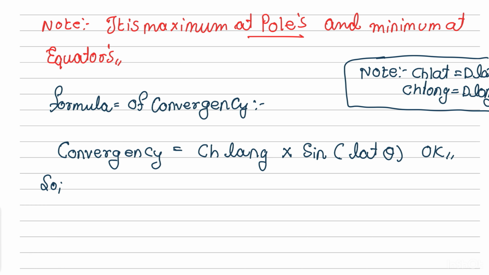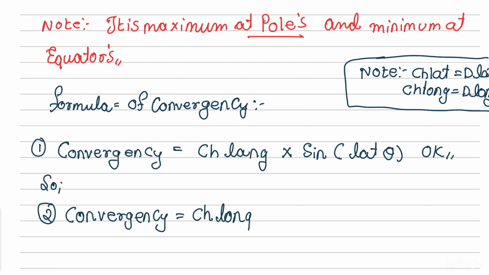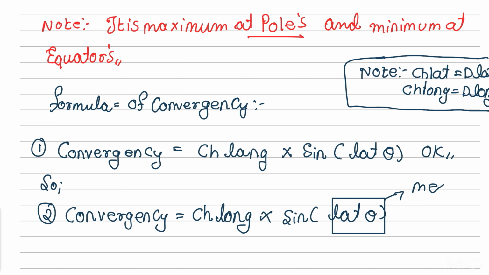So let's start with our example. Just see your formula, and the second formula we will start with. Convergency is equal to d-long into sine of mean latitude. This latitude is the mean latitude.